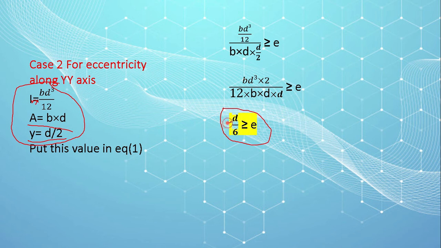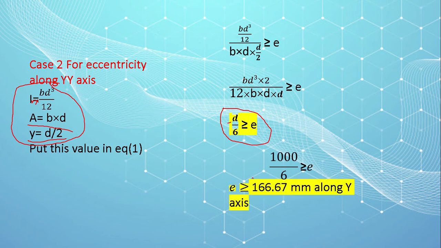So put the value here, D is equal to 1000 divided by 6. So eccentricity e should be less than or equal to 166.67 mm along the y-axis. This is our answer along the y-axis.